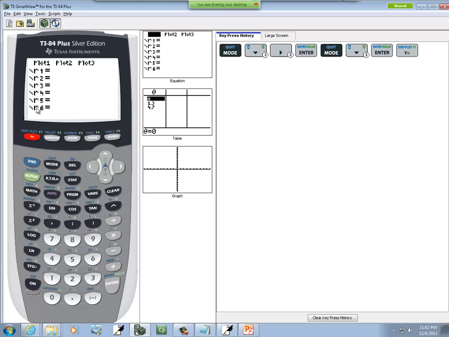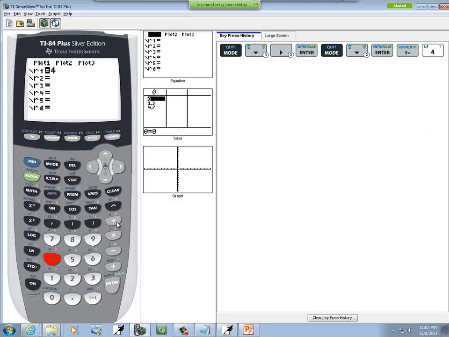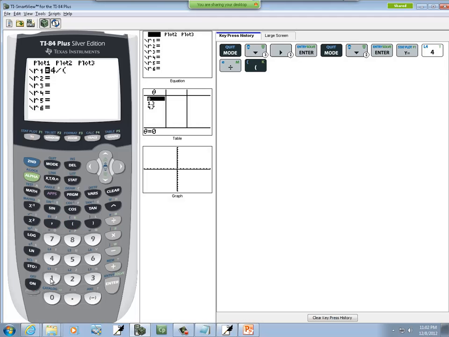You see how these change now. We've got R1, R2, R3. So we'll put in 4 divided by, and we have to put parentheses around the bottom. Anytime you have more than a single number or a single variable on the top or bottom of your fraction, you have to put parentheses around that part. So that gives us beginning parentheses 1 minus sine. Now press the X key and it puts theta on there.